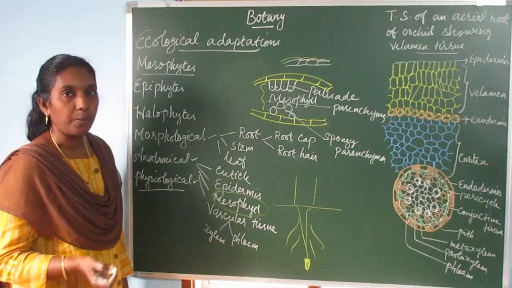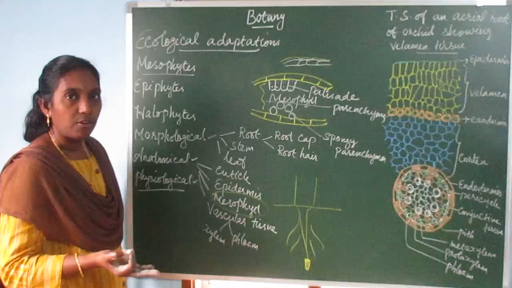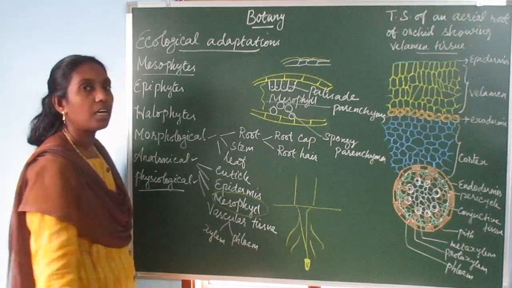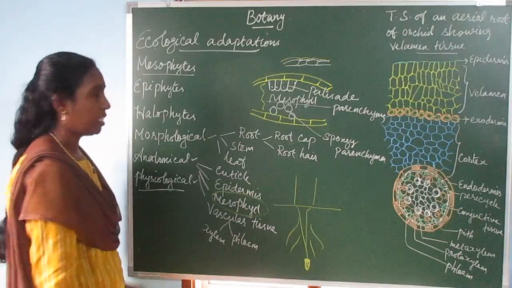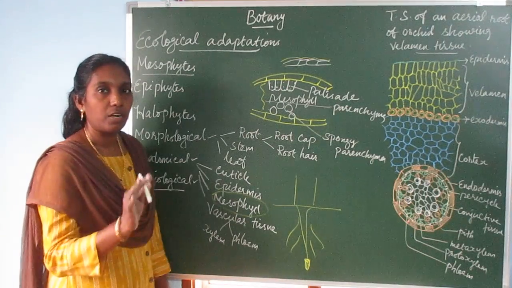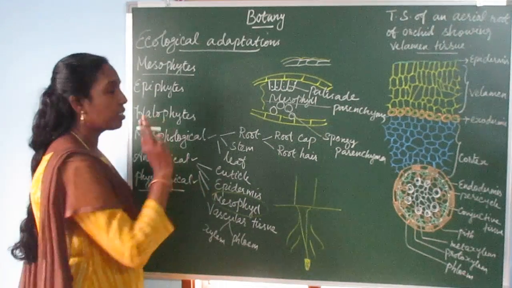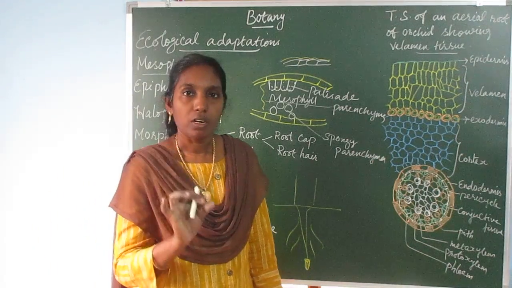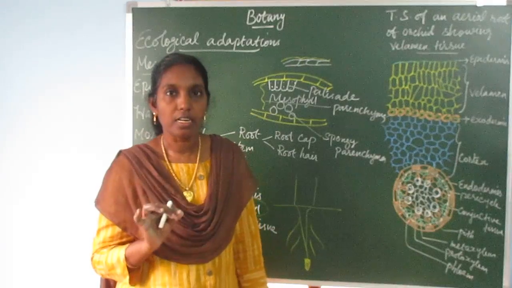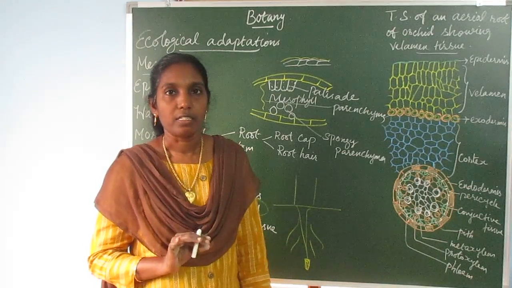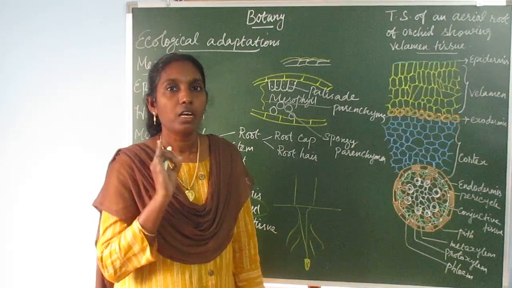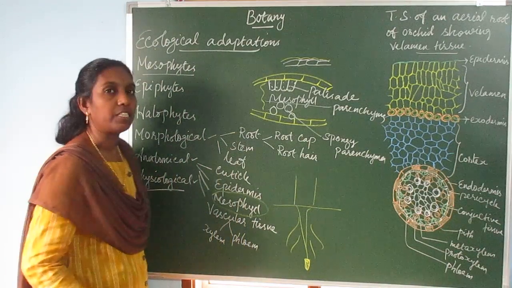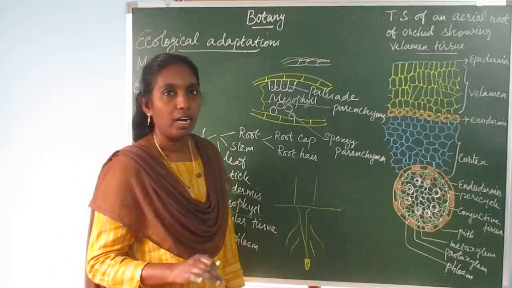And wilting and drooping, if there is scarcity of water at normal or room temperature, can be observed in mesophytes. I hope that you understand this question very clearly. First you write about morphological adaptation. The question is ecological adaptations seen in mesophytes. First point you write about morphological adaptation, anatomical adaptation, then physiological adaptation.